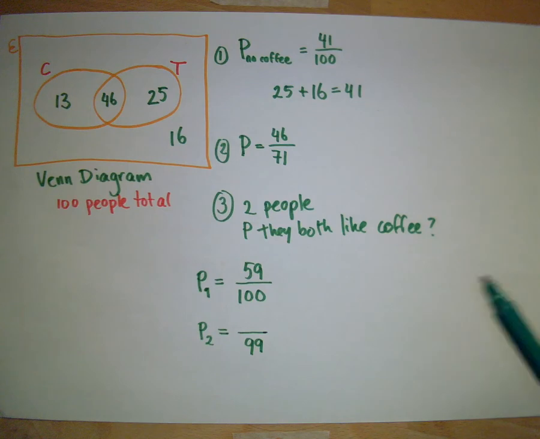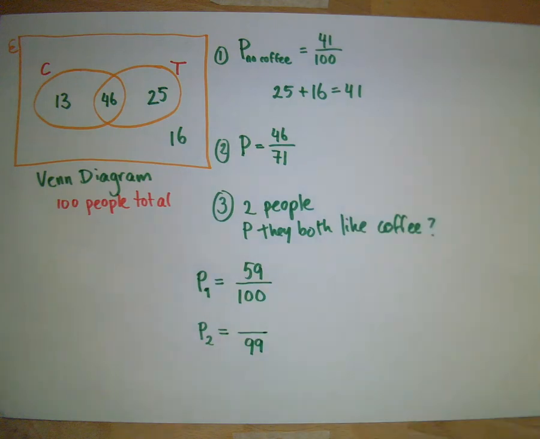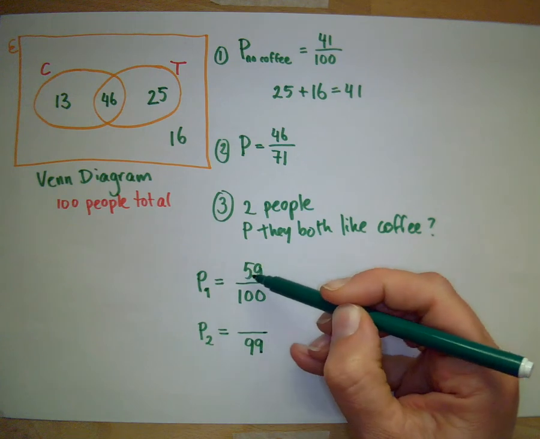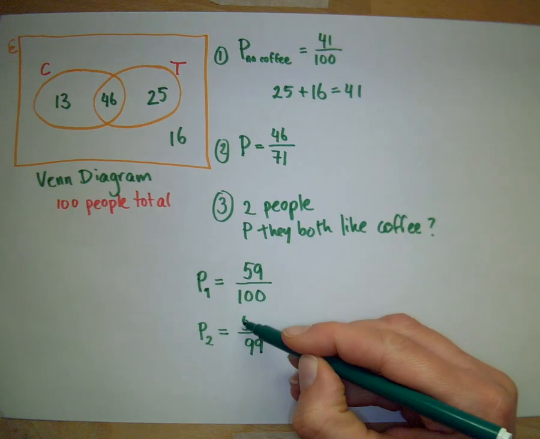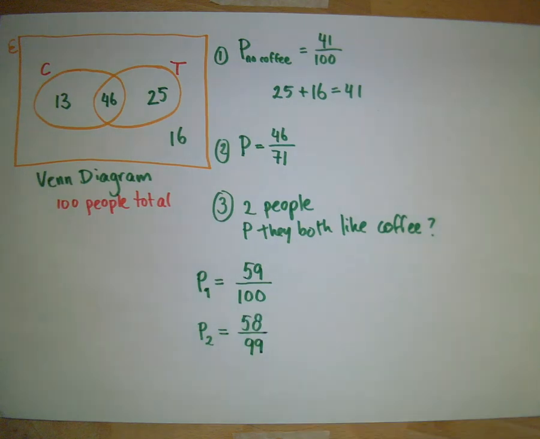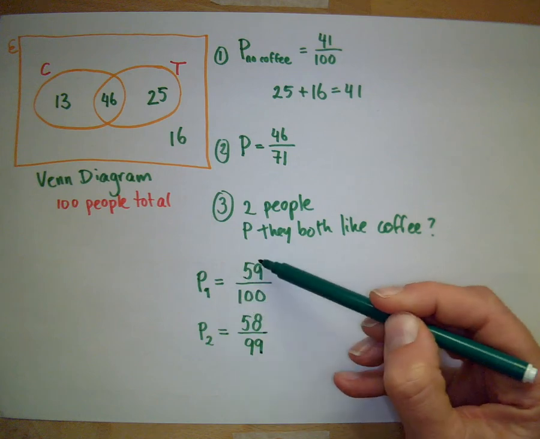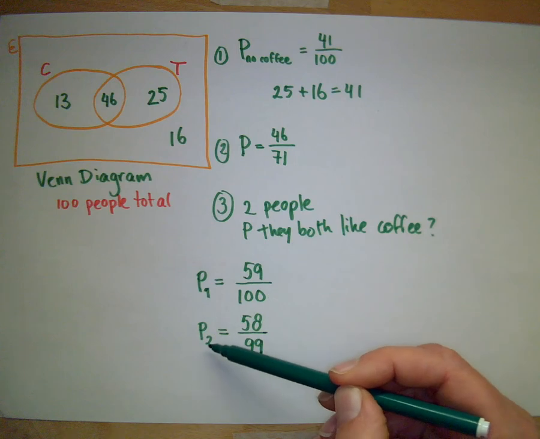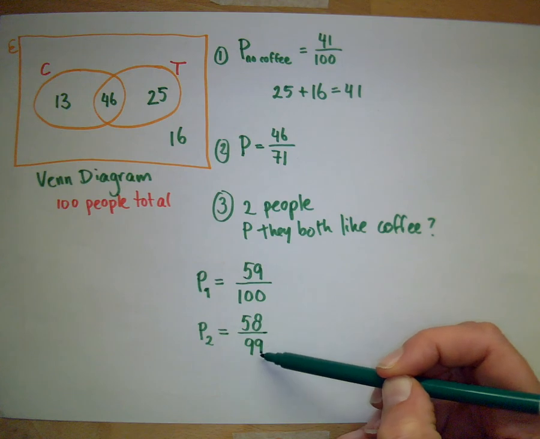Okay, we've got our coffee drinker. Then when we pick our second person, that person's no longer there. That's why there's a total of 99 instead of 100. And also the total number of coffee drinkers has gone down from 59 to 58. So now we have a chance of 58 people out of 99 people, right? So the probability that the first person we pick is a coffee drinker is 59 out of 100. The probability that the second person we pick out after that also drinks coffee is 58 out of 99.